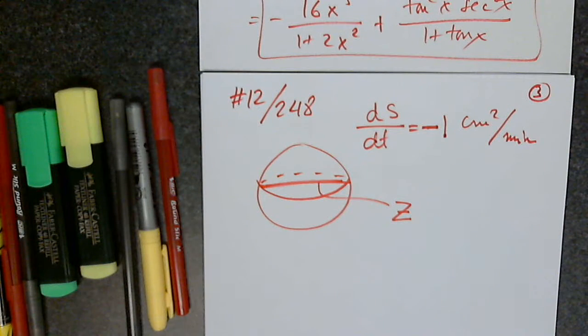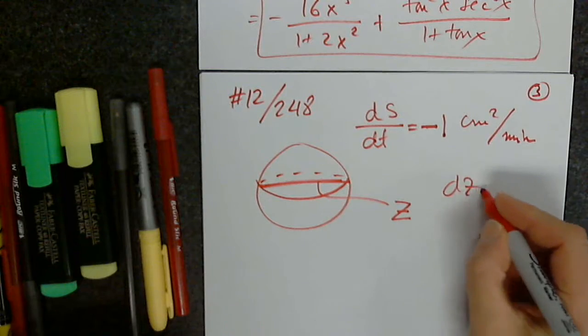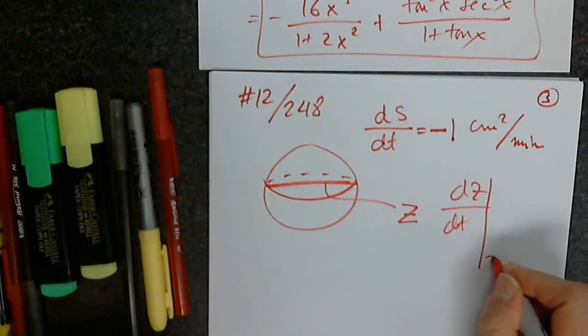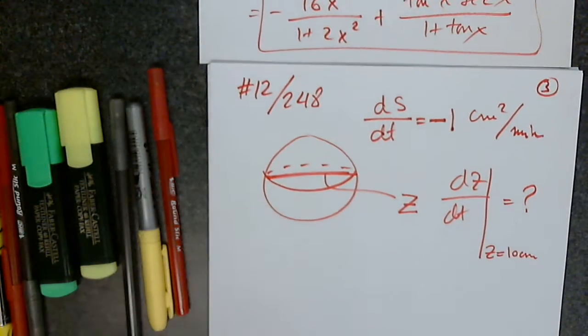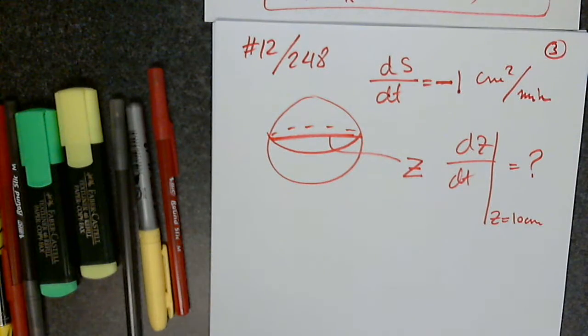If a snowball melts so that its surface area decreases at a rate of such and such, find the rate at which the diameter decreases when the diameter is 10 centimeters. So dz over dt, when z equals 10 centimeters. This is the question. Good.